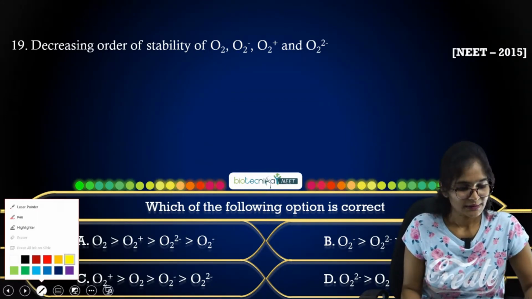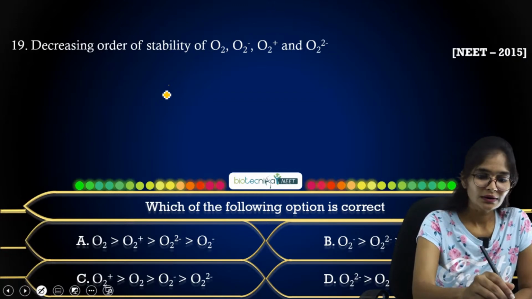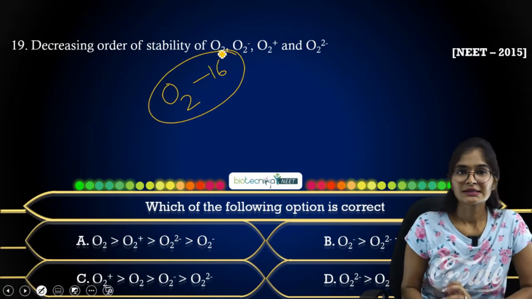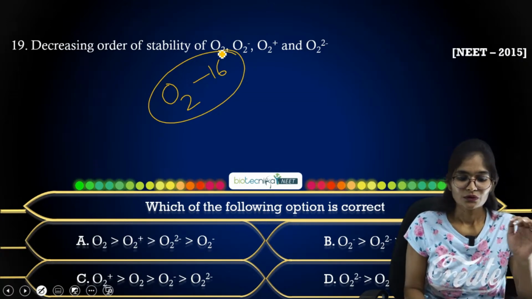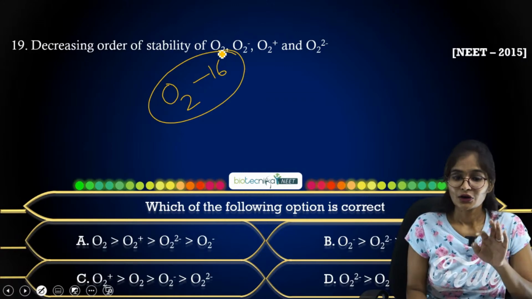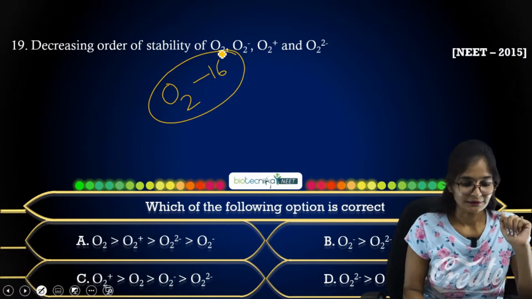Here is a hint: O2 has 16 electrons. Now you have to add and remove some electrons, and accordingly you will get your answer.